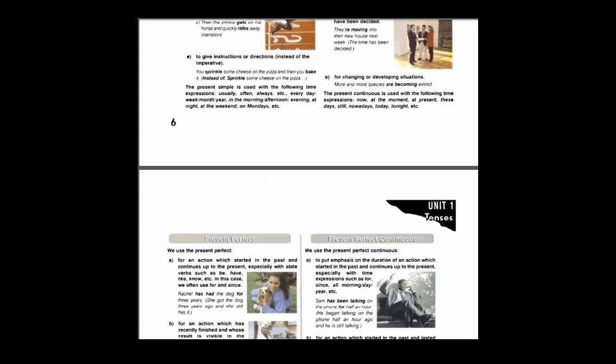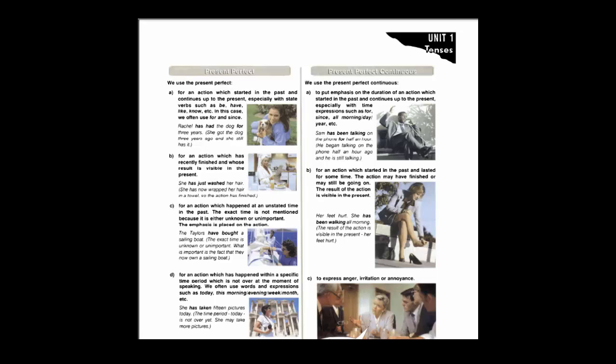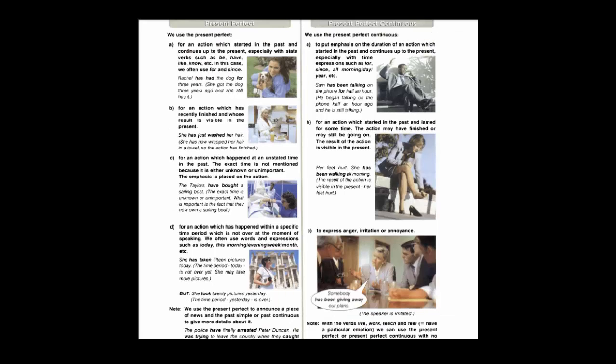The next tense is present perfect. Present perfect is the tense that has a slight past tint. For example, an action that started not so long ago in the past and can continue up to the present.